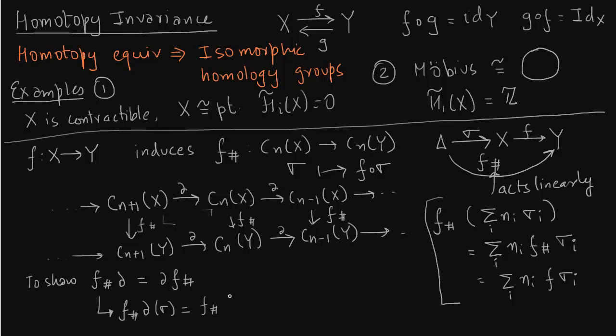Just write down the formula for the boundary, sigma acting on the simplex with ith vertex missing. Use linearity, bring f hash inside and take sigma_i, with minus 1 raised to the power i, outside.